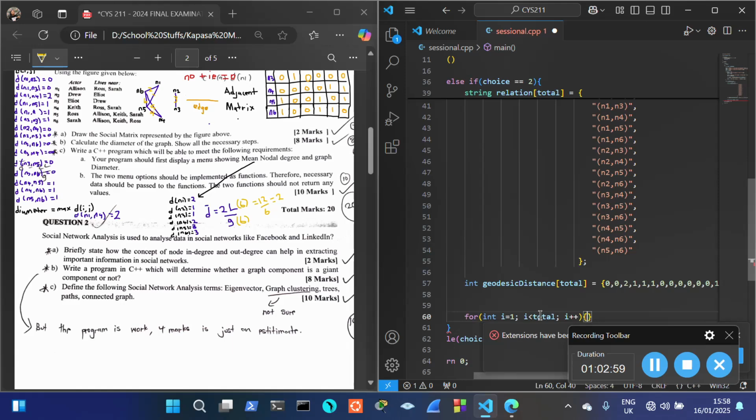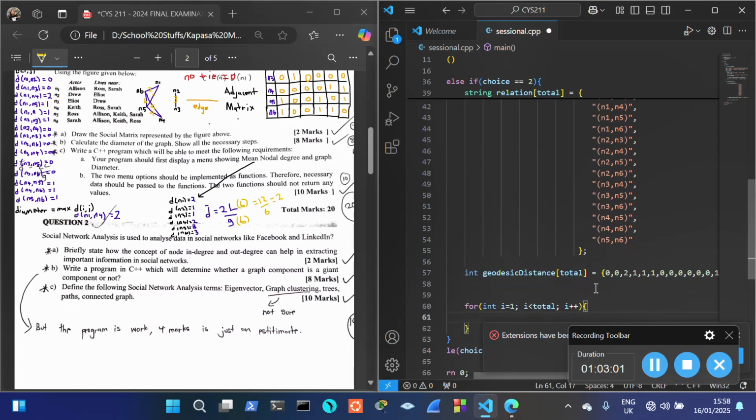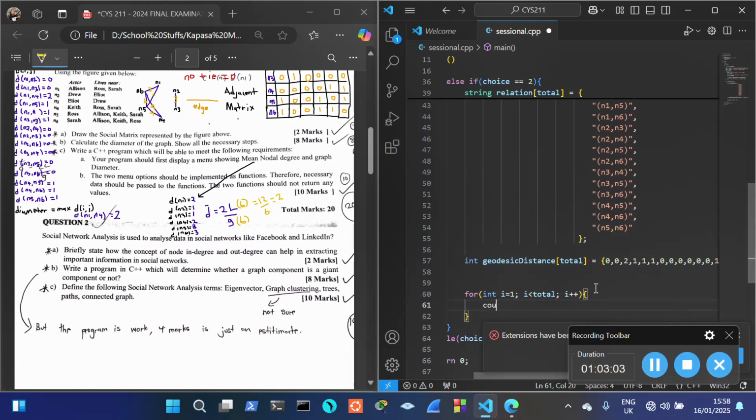Once we do that, we can print out this particular statement using cout. For example, we want to print the diameter. We can say diameter is equal to what? Now remember, diameter is equal to the max geodesic distance.